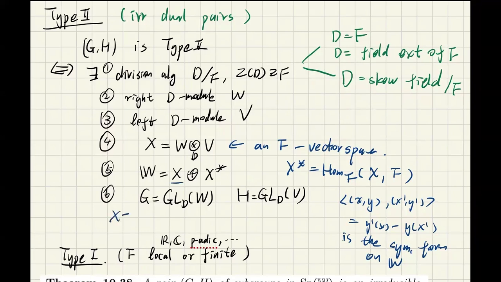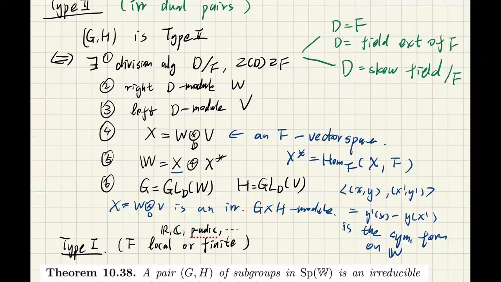So X itself is an irreducible G cross H module, and X star, the dual of X, is also irreducible. It's representation theory not over the complex numbers; it's representation theory over a field F for a group or algebraic group defined over F. It's essentially just linear algebra.